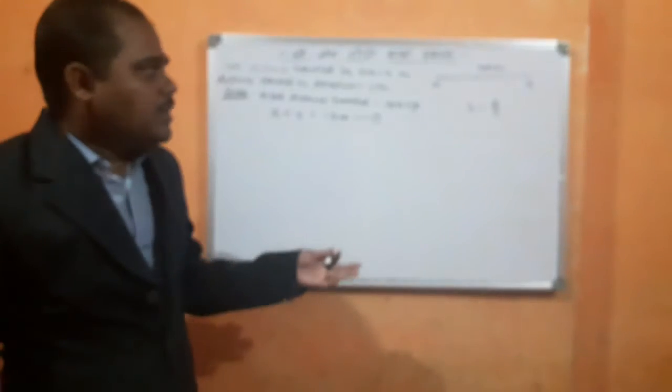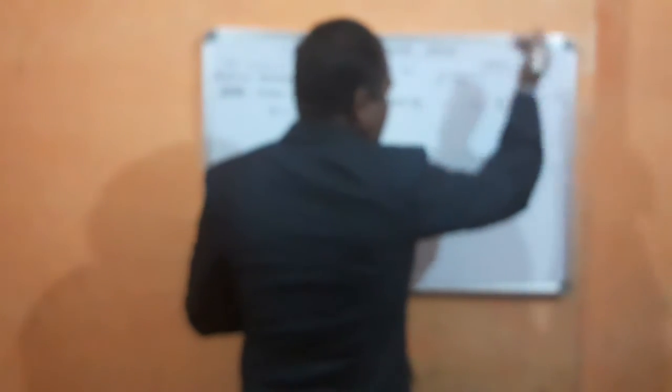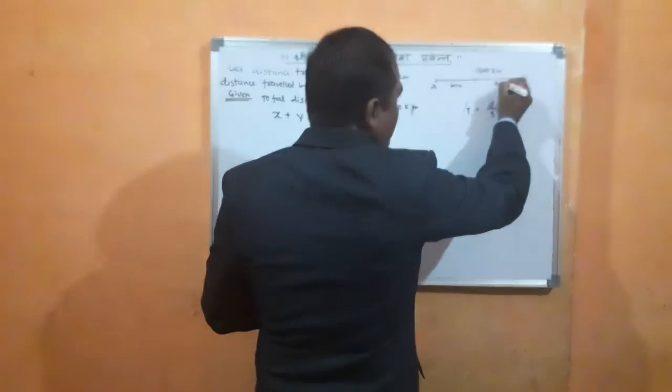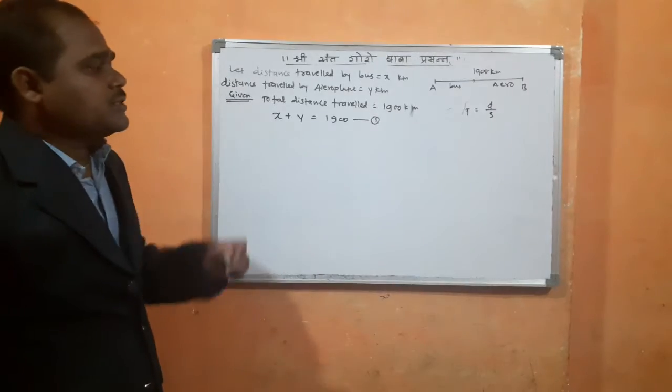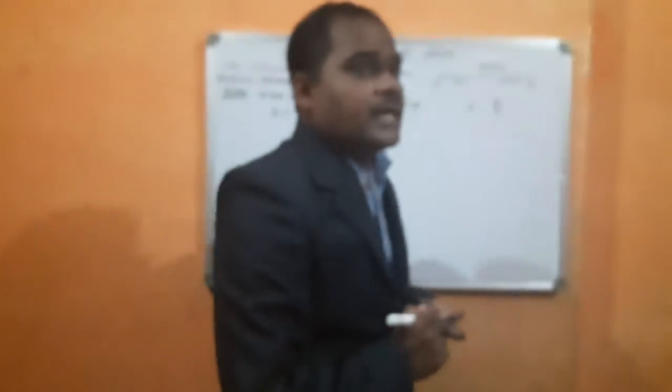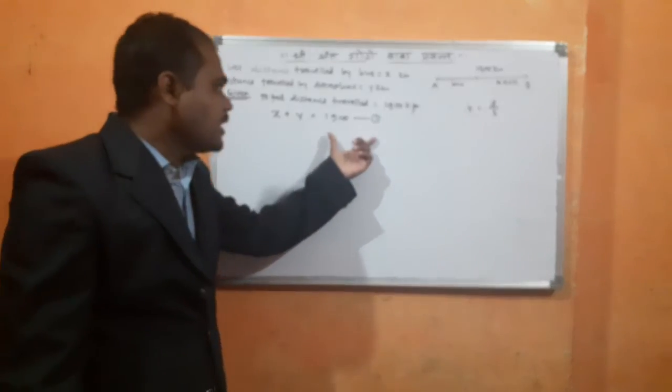So it is partially traveled by bus and the next distance is traveled by aeroplane. Okay. Now the first equation can be easily formed by using x plus y is equal to 1900.